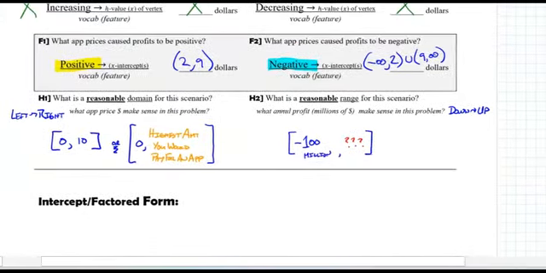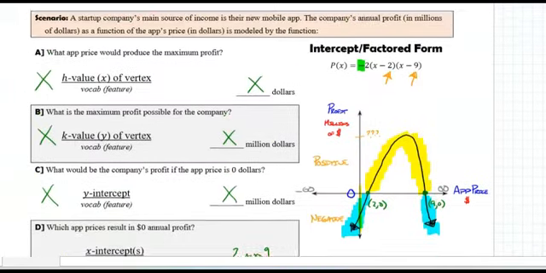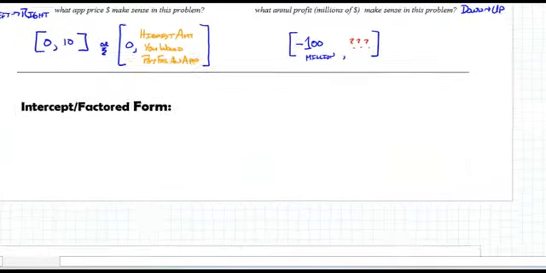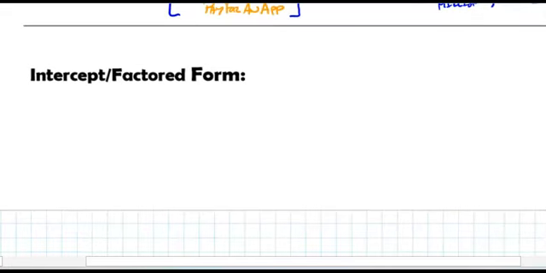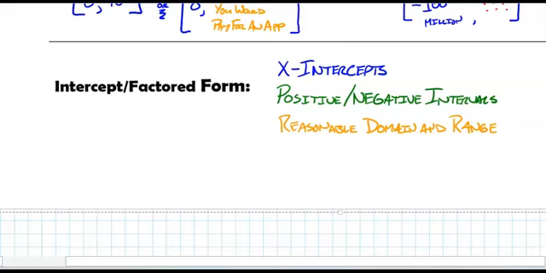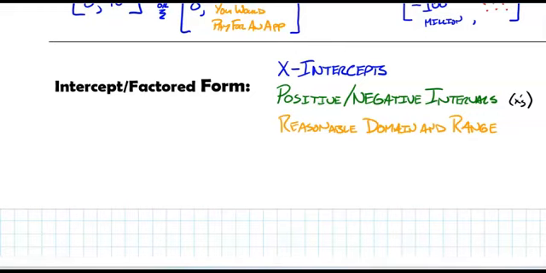So looking back over all the key features and the questions that we were able to answer from this scenario, we can see from intercept or factored form, x-intercepts from a graph. From the x-intercepts, we're able to determine positive and negative intervals, once again remembering that we are writing this in terms of the x's, as well as we could come up with a reasonable domain and range within reason.